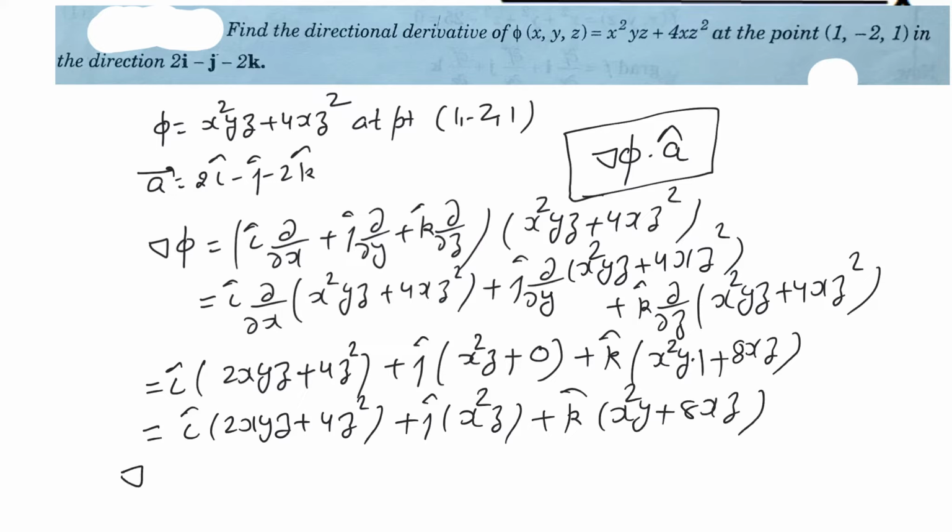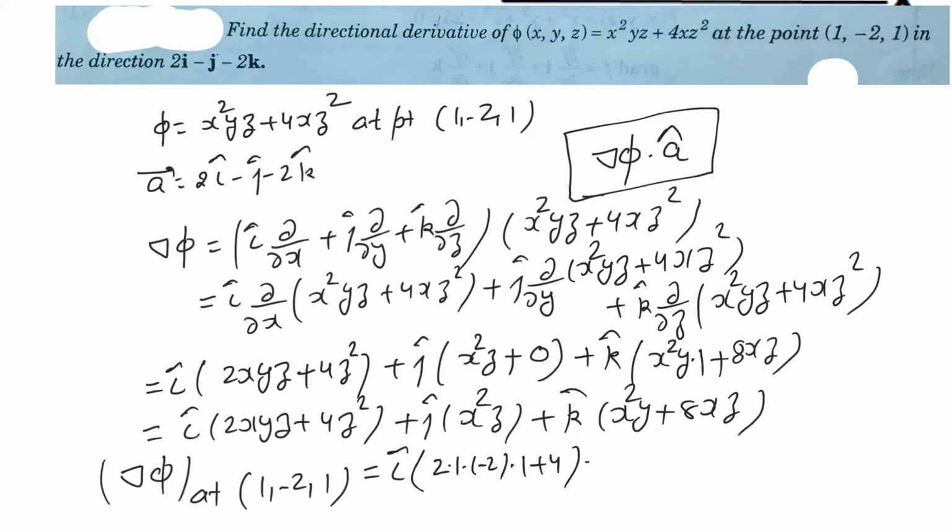Next we find del phi at point (1, -2, 1). So I am going to put 1 in place of x, -2 in place of y, and 1 in place of z. So this will be i cap, 2 into 1 into -2 into 1 plus 4. Fine.